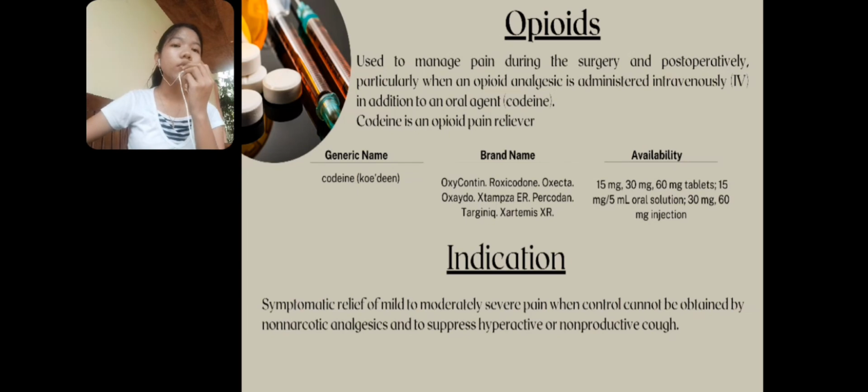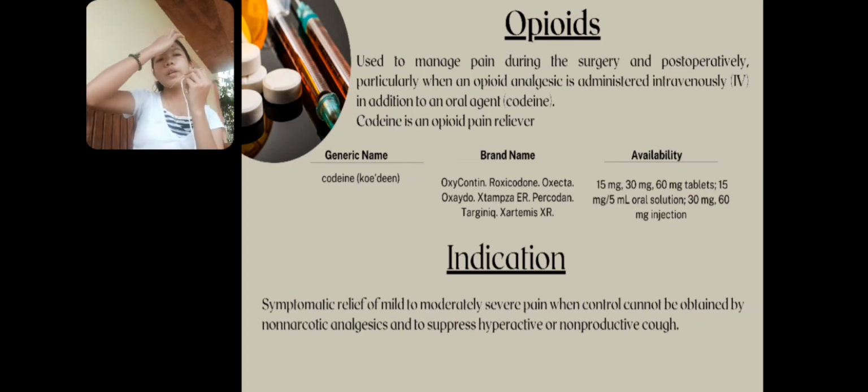So the brand names for the opioids are OxyContin, Roxicodone, Oxecta, Oxaydo, Xtampza ER, Percodan, and others.